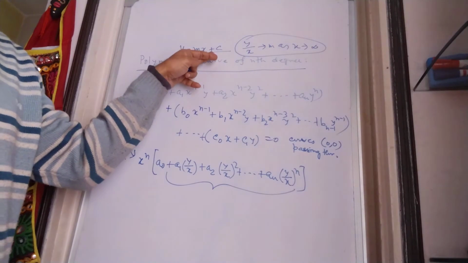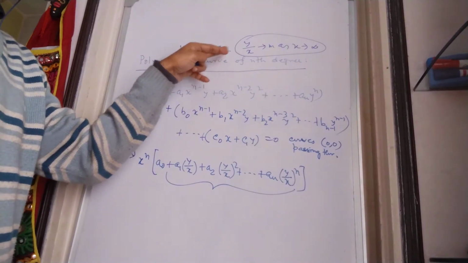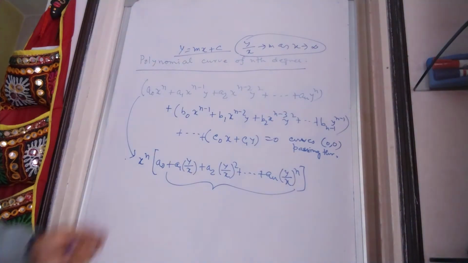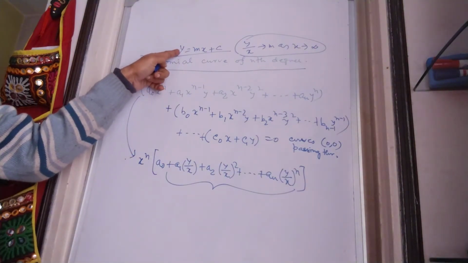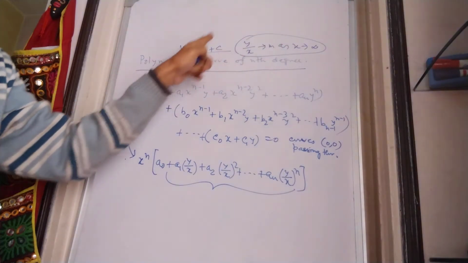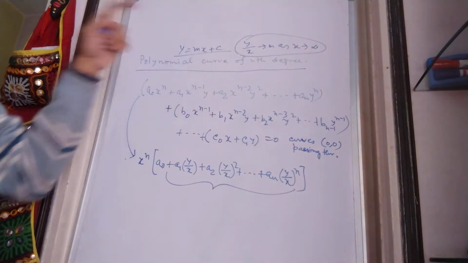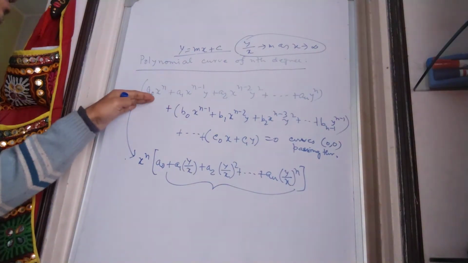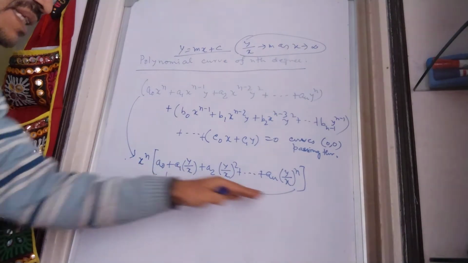Since the oblique asymptote has the equation y equal to mx plus c, we assume that y by x tends to m as x tends to infinity, because if we divide by x, here it becomes m and here it becomes c by x. As x tends to infinity, c by x becomes 0, and we have y by x tending to m as x tends to infinity.